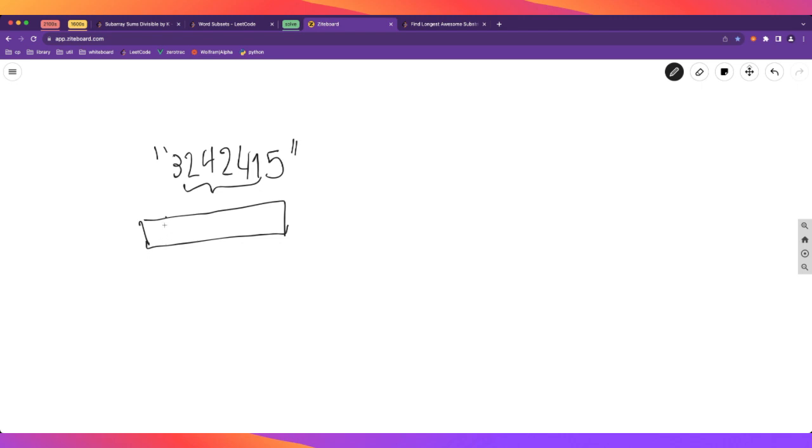So let's say that we have 0 zeros, this is 0, 1, we have 1 one, we have 2 twos, we have 0 threes, and we have 2 fours. No, 5 is not in our substring.